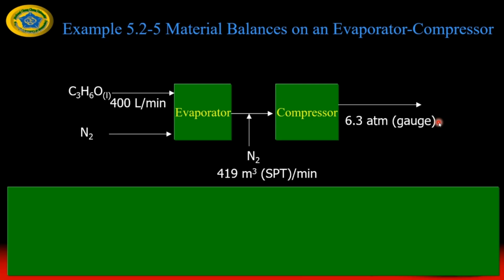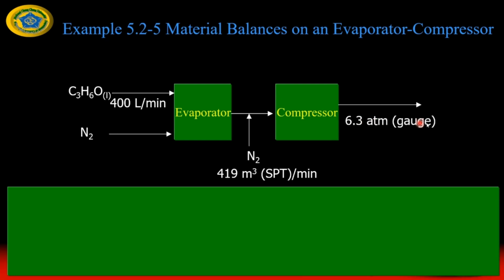You have to add 1 atm, so it will be 7.3 atm. If I write absolute here, that means 6.3 atm can be used directly.